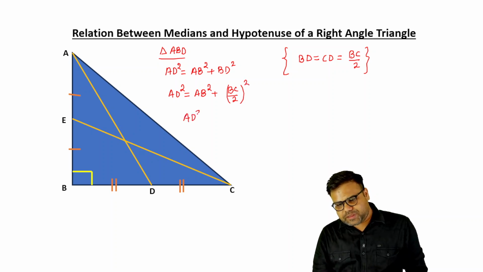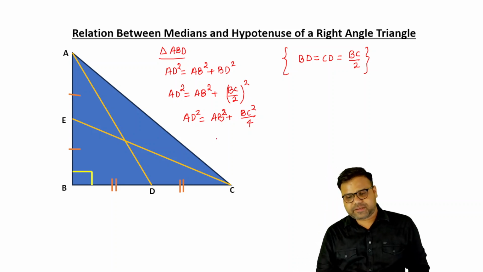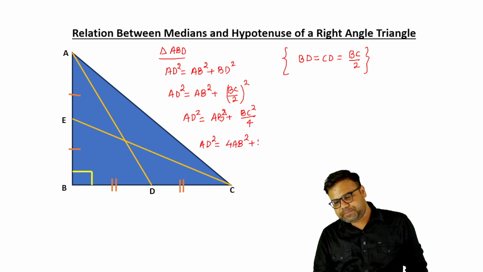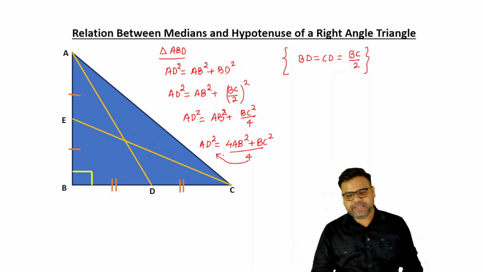So if I solve this, I will get AD square is equal to AB square plus BC square upon 4. Take the LCM and you will get AD square is equal to 4 times AB square plus BC square upon 4. Multiply this 4 with AD.